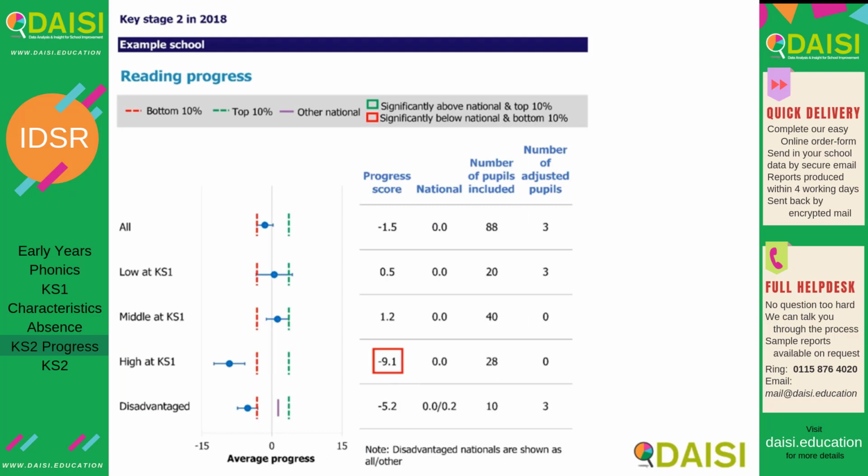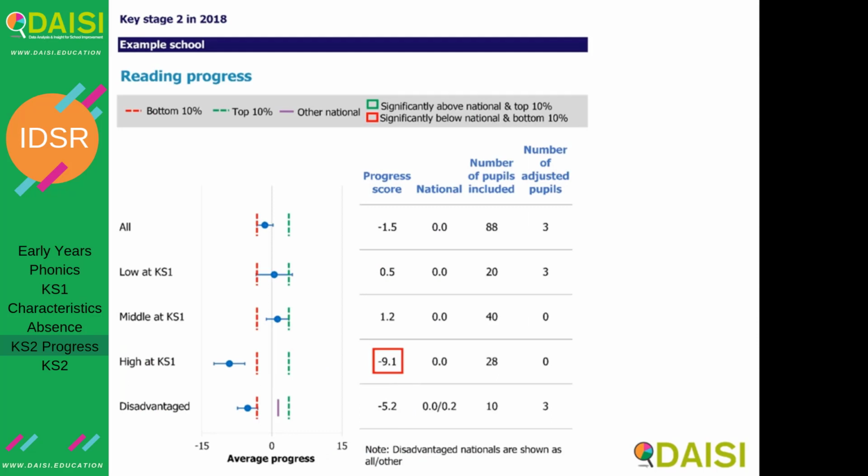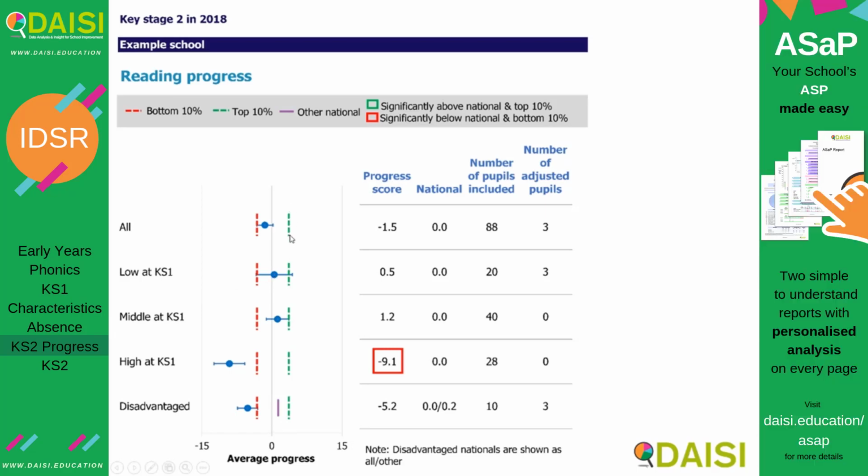So now let's have a look at this again. There are 5 possibilities. If any part of the shape touches a 0, you are average, full stop, end of sentence. If not, then ignore the lines completely and just focus on the dot only. If the dot is to the right of this green line, which represents the top 10%, then you're well above.